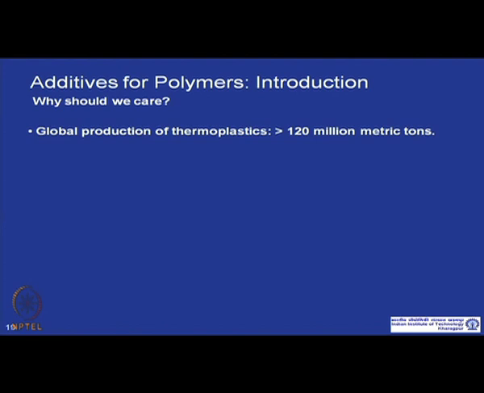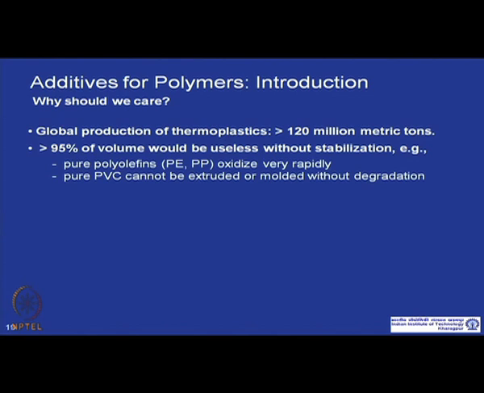Out of this entire volume, 95% and more would have been useless without stabilization by adding external additives. For example, pure polyolefins like polyethylenes and polypropylenes oxidize very rapidly. So, basically drying them is very difficult unless they are stabilized by adding external additives.